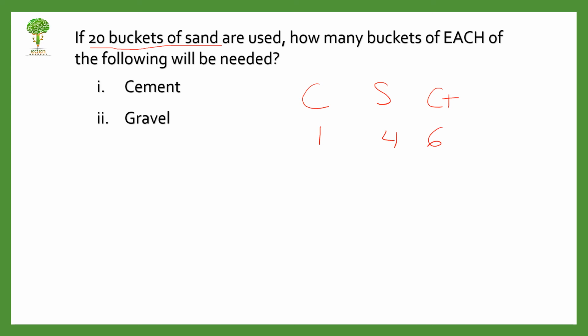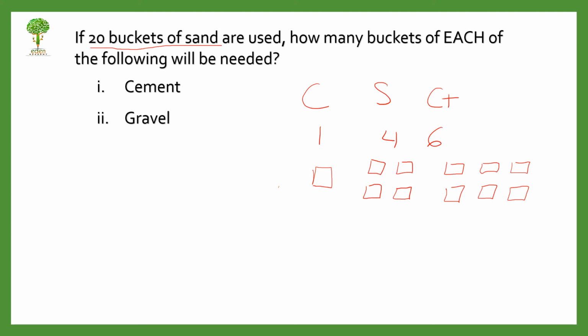Now in this case it says 20 buckets of sand. So remember we had 4 portions of sand, 6 of gravel, and 1 of cement.